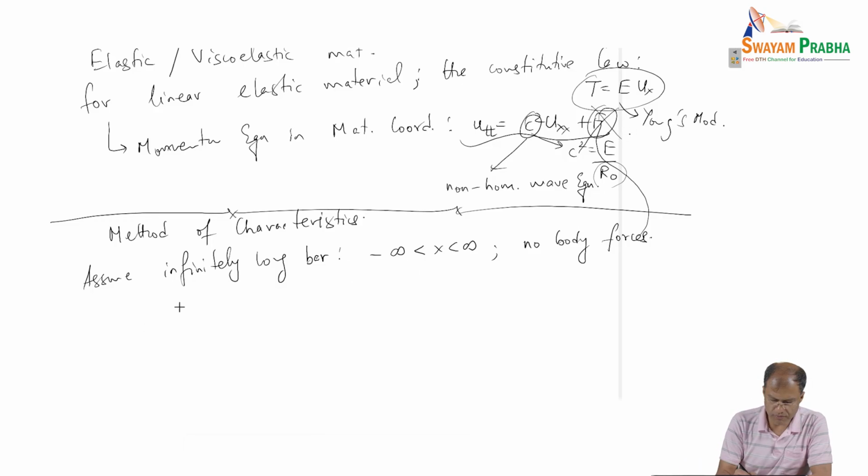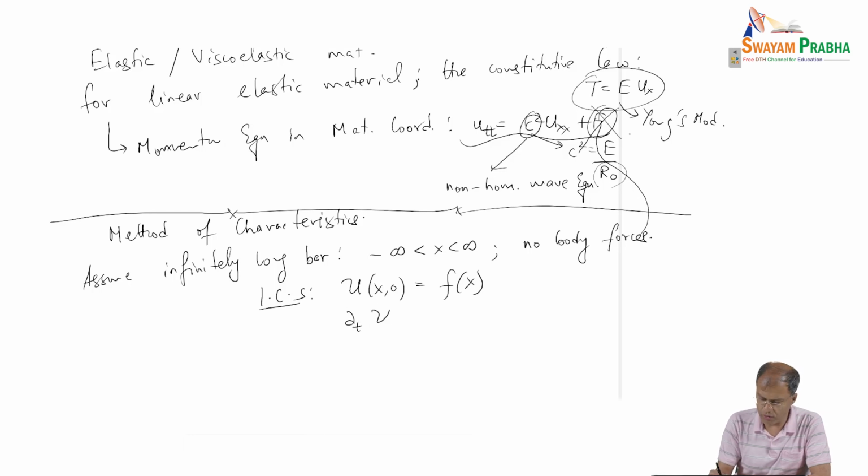Then we can further assume the initial conditions. The initial conditions are u at x comma 0 is f of x, and partial t of u at x comma 0 is g of x.